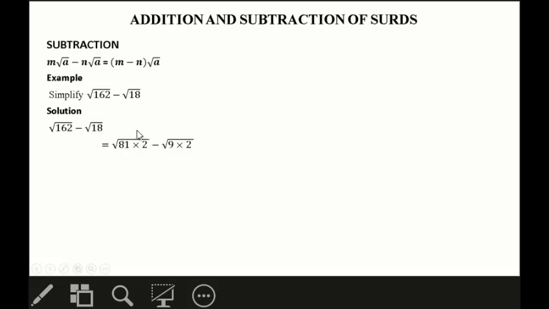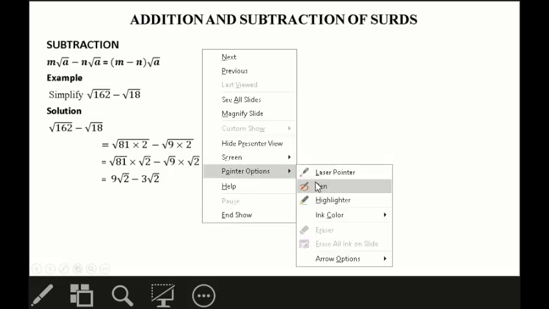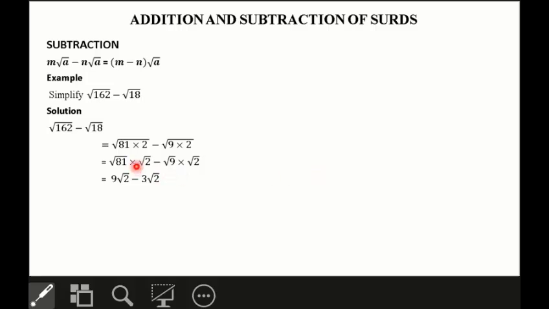Now we split the 81 times 2 all root into 2 parts, so that we will get the root of 81 times the root of 2 minus the root of 9 times the root of 2. Then we simplify the 81. The root of 81 will give us 9, and that 9 will multiply this root 2 to give us what? 9 root 2, as shown here.